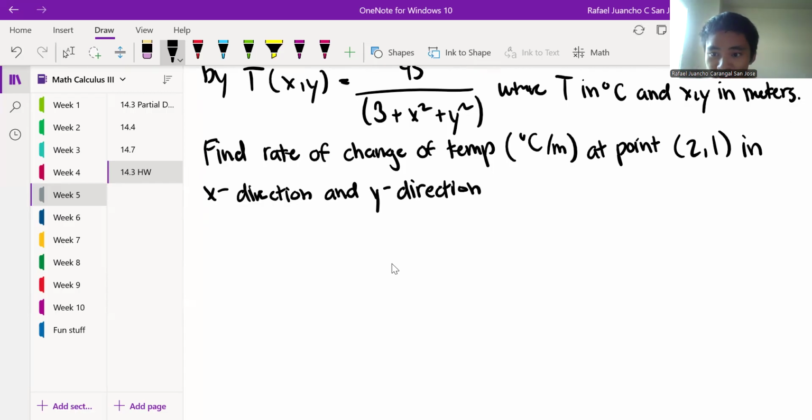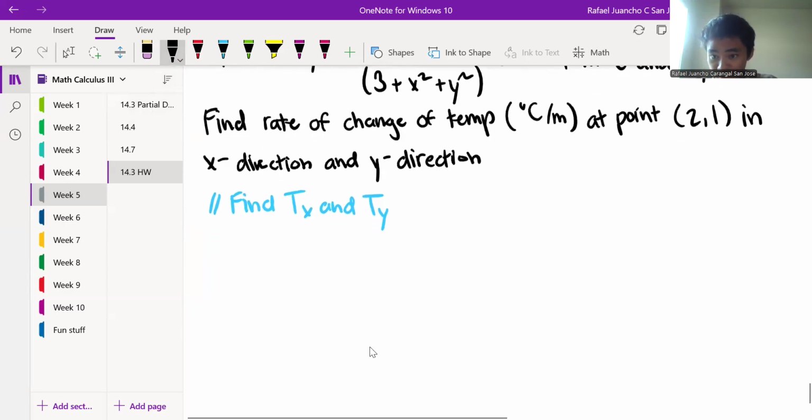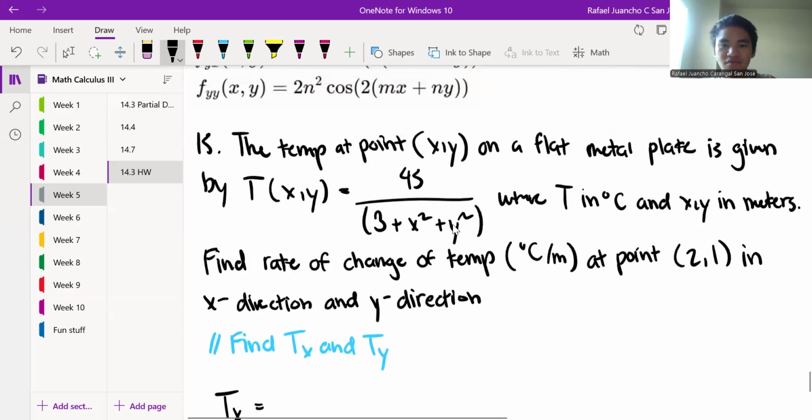And then we plug in what we need. So first we find T sub x and T sub y. So here we're finding the two rates of change at those points. Okay, so T sub x is the derivative of this thing.